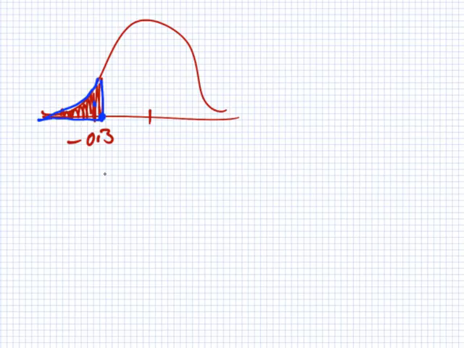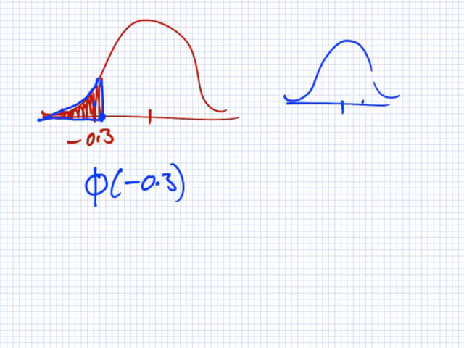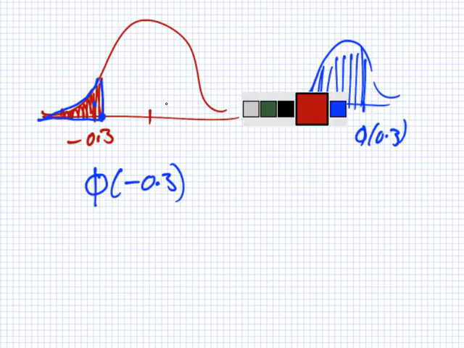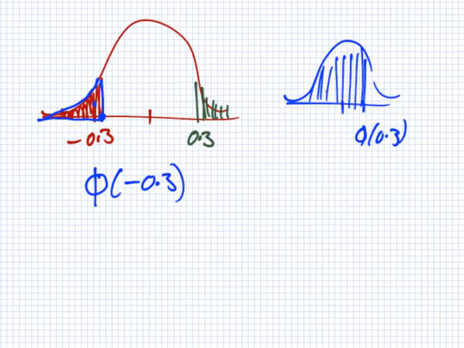Well, what you would love to look up is this, but you can't look it up, right? Now, if you were to look up the positive version of it, you would get this area here, which of course is way too big, it's not what you want. But actually, if you think about it, this is the same as this here, which is at 0.3. And remember, the total area is 1, so this piece here will be 1 minus that answer.